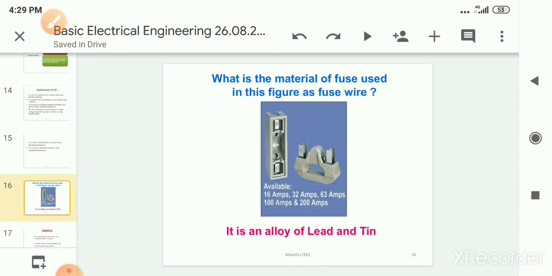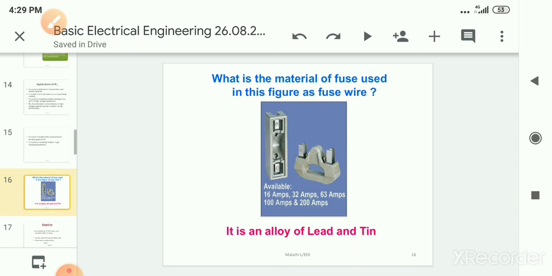See, this is the fuse. Up to now, we have studied conducting and insulating materials. But this tin and lead is not a conducting or insulating material. It is a special material, but it is hugely required in our electrical engineering. So those types of special purpose materials come into the picture.